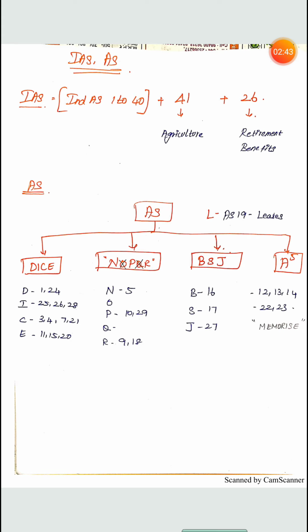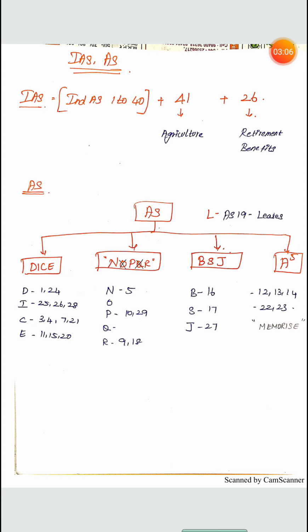In accounting standard, in order to memorize the first letters alone, we have devised a way. So the first one will be DICE, the second one will be N, O, P, Q, R, except there are no letters between N and P and between P and R. The third one will be BSJ, and the fourth one will be A power 5.